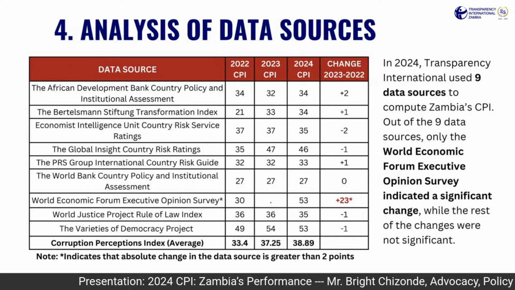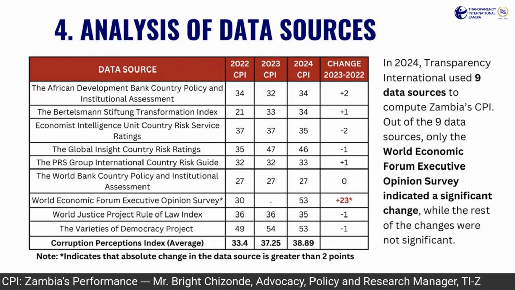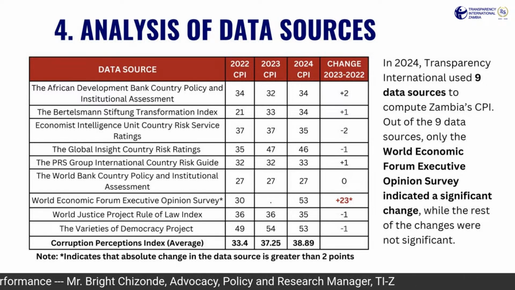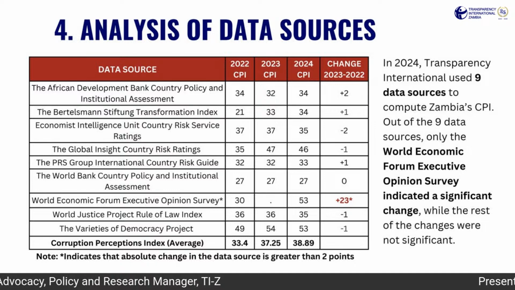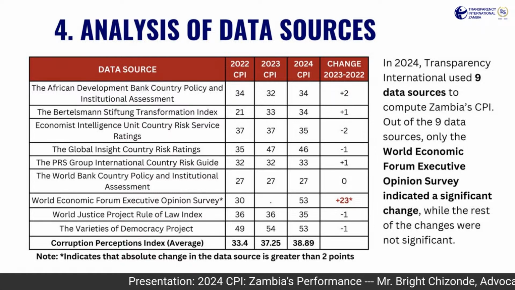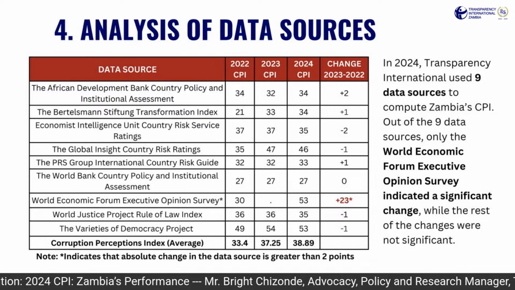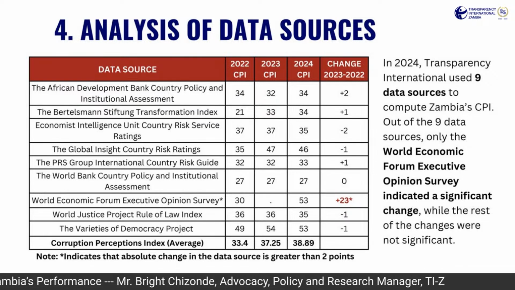Now, looking at the analysis of the data sources. In 2024, Transparency International used 9 data sources to compute Zambia's CPI. Out of the 9 data sources, only the World Economic Forum Executive Opinion Survey indicated a significant change, while the rest of the data sources were not significant.